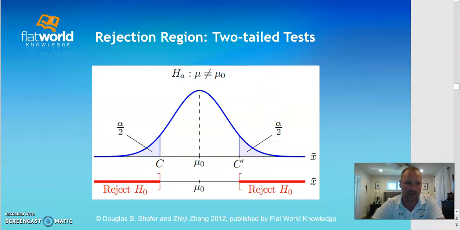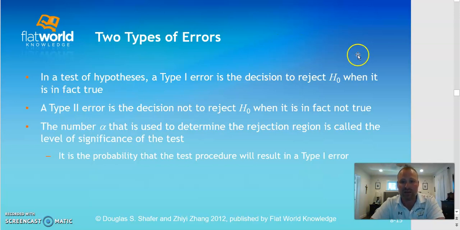And so we have two types of errors here. In a test of a hypothesis, a type 1 error is the decision to reject the null hypothesis when it is in fact true. I have a chart here that I'm going to share with you on the next page that will help you organize this. It's, again, one of those things that I strongly recommend that you copy and paste, cut out, and put in a study guide.